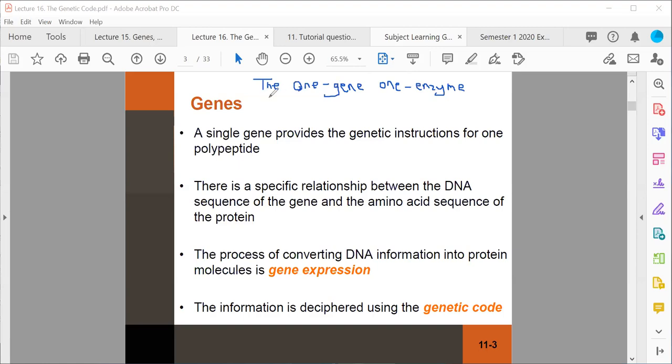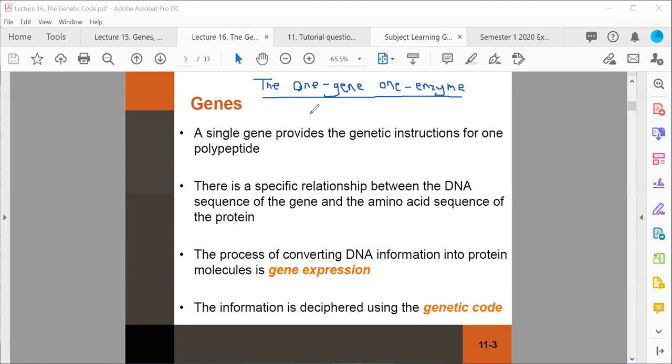This hypothesis was taken from a dogma, which was referred to originally as the central dogma of gene expression, and at some stage it changed to the central dogma of molecular biology.